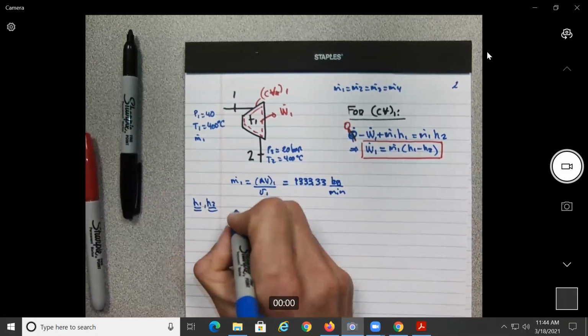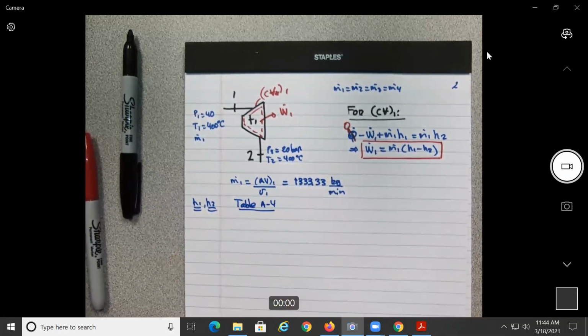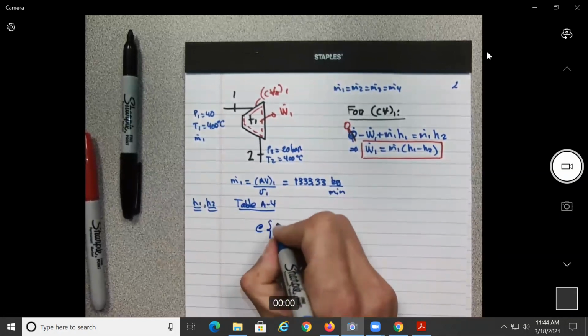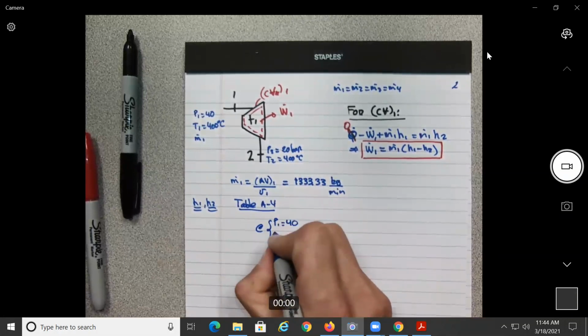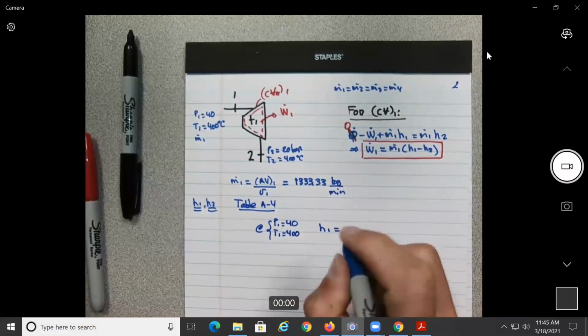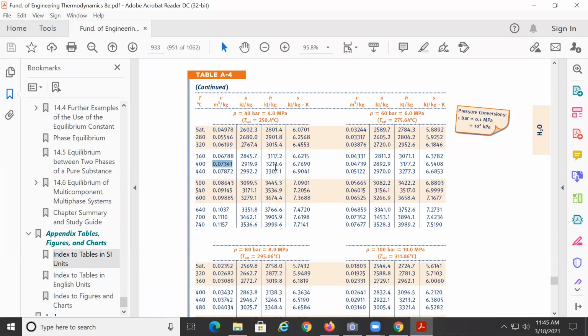For both of them, I think we could go to table A4, no? So for table A1, we look at P1 equal 40 and T1 equal 400. What is H1? H1 will be 3,213.6 kilojoules per kilogram. All right.